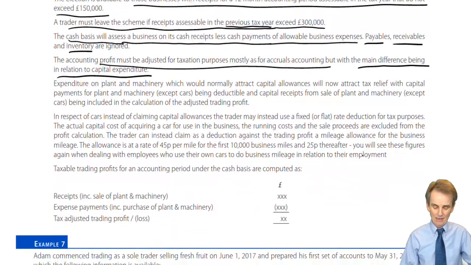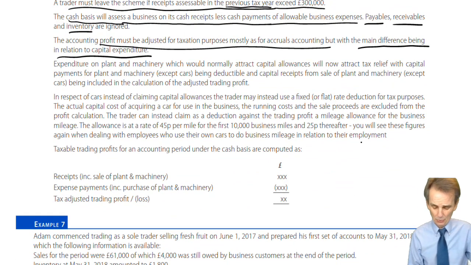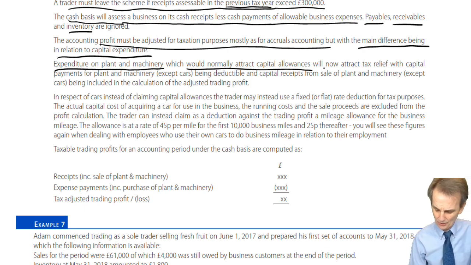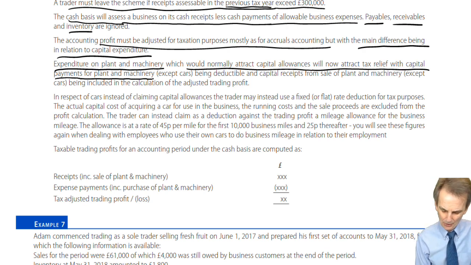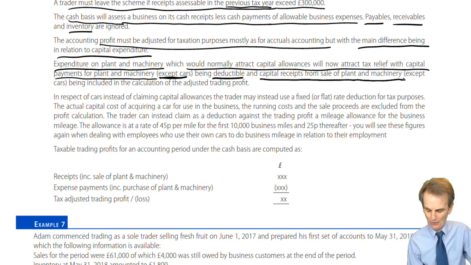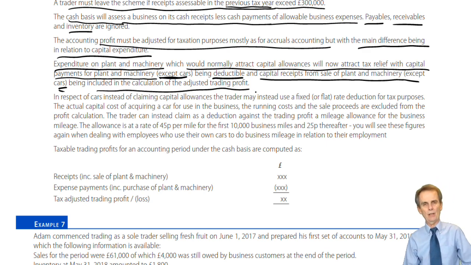And they will be allowed, therefore, to ignore that, because the rules are expenditure on plant and machinery, which would normally attract capital allowances, will now attract tax relief with capital payments for plant and machinery, except cars. You might know cars again, we're going to be the trouble there, with payments for plant and machinery being deductible and capital receipts from the sale of plant and machinery, again, of course, excluding cars, being included in the calculation of the adjusted trading profit.